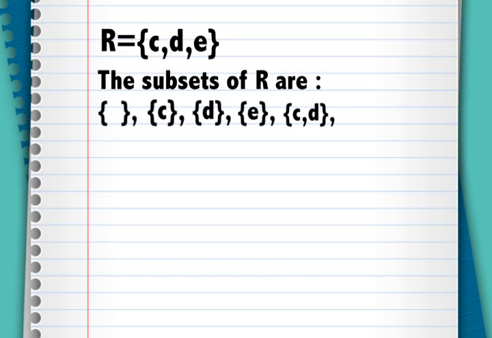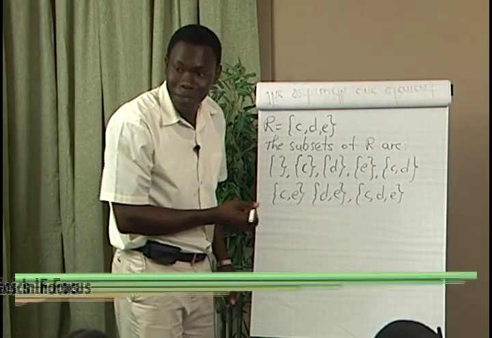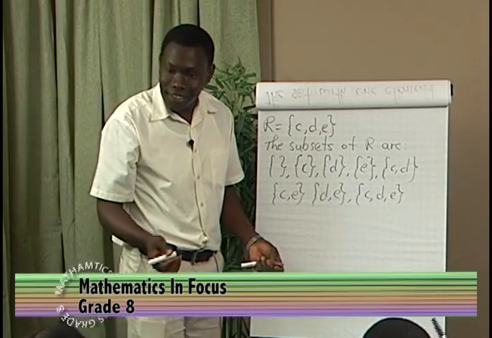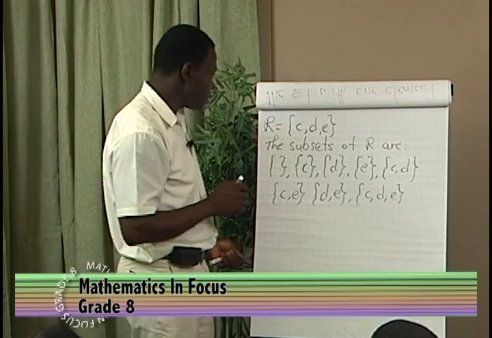Let's list C, D, then C, E first. So we finish with C. Then we go to D, E. Then we have the set C, D, E. So how many subsets? 8.